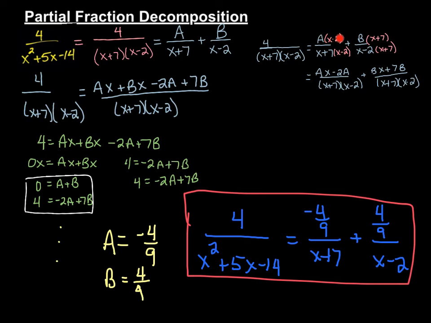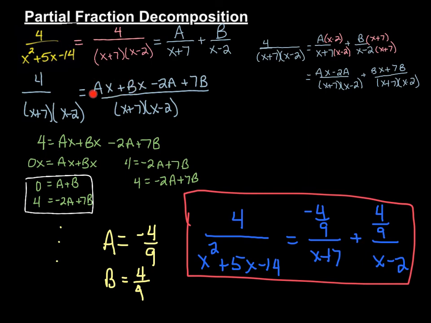So I multiply this fraction by x minus 2 and multiply this whole fraction by x plus 7. That led us down to over here, where I combine like terms and set up a fraction this way. So we have ax plus bx minus 2a plus 7b equals 4.